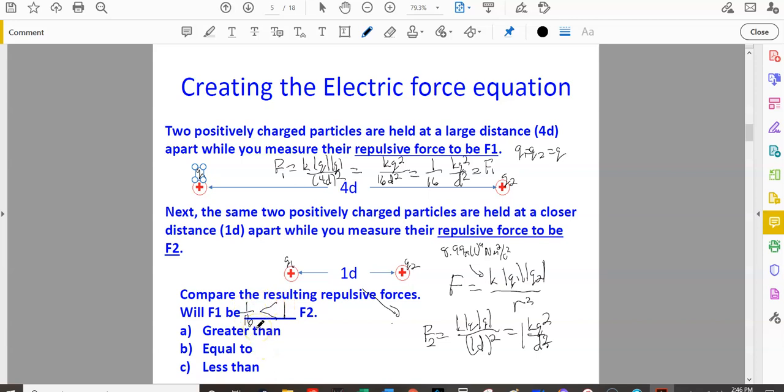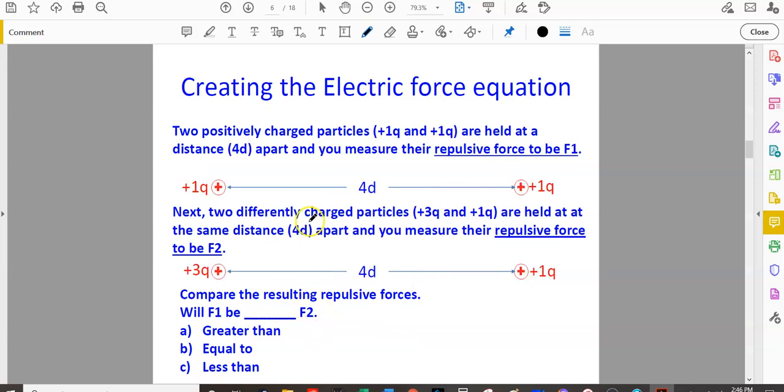All right. So those are the type of conceptual questions that you're going to have to answer at the end of chapter problems. Let's go ahead and do another one. Now you've got two charged objects. One's a positive 1Q and the other one's a positive Q, and that is F1.